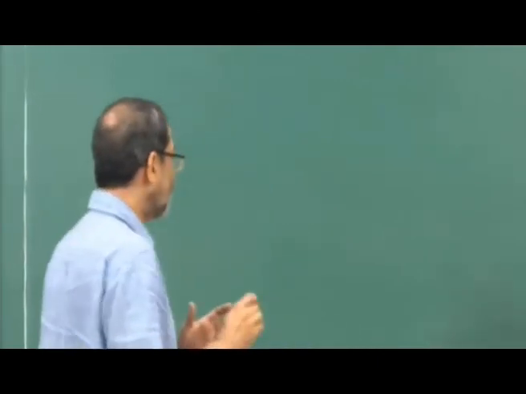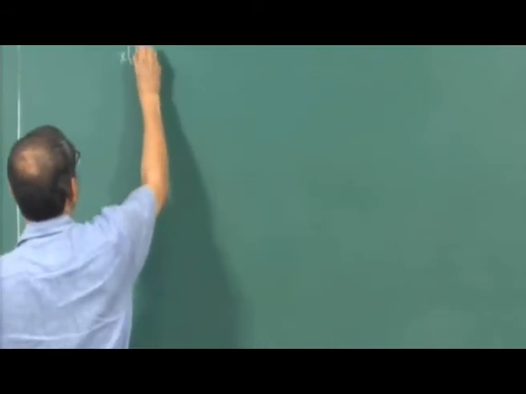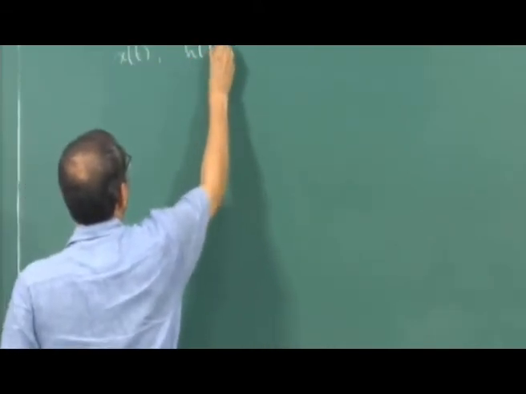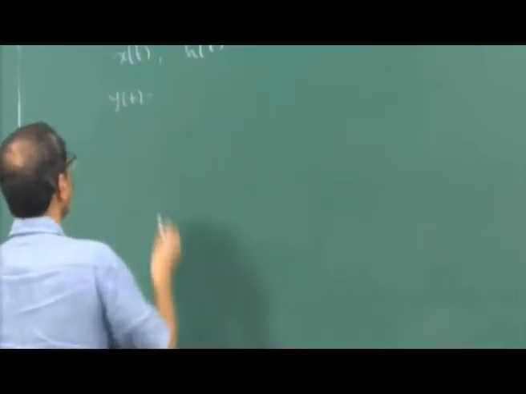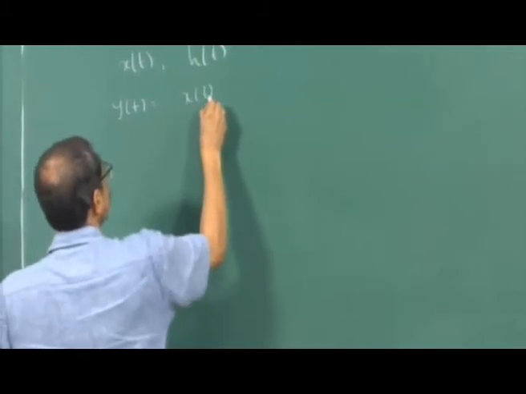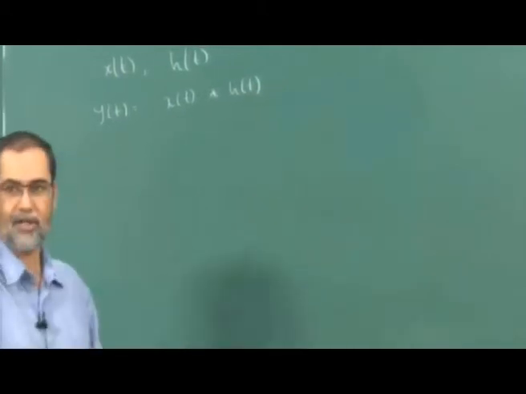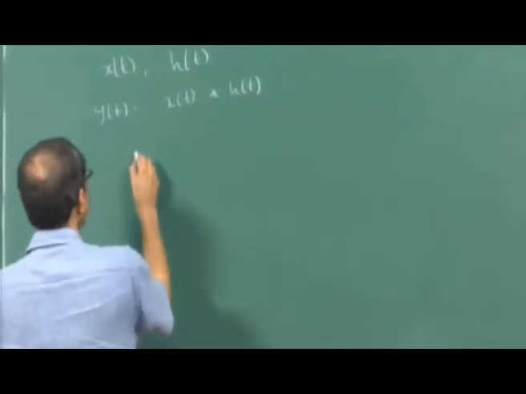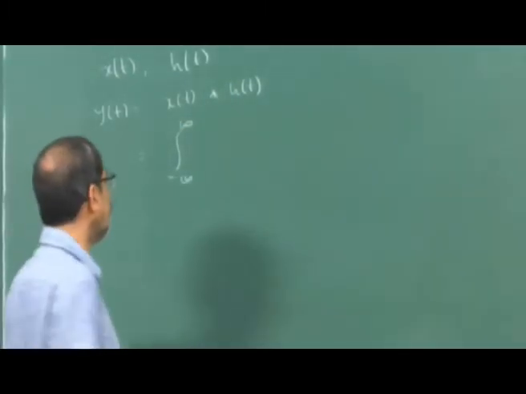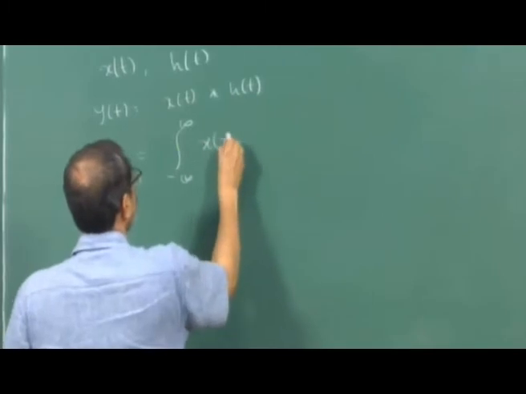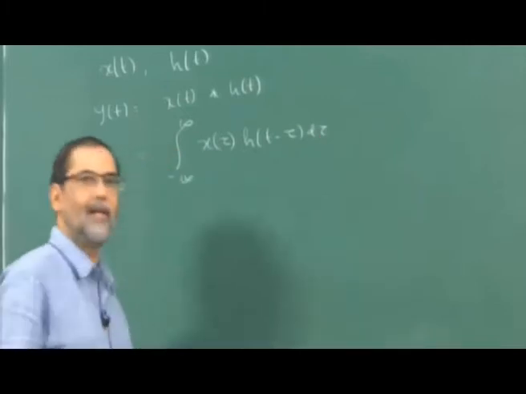We defined convolution of two functions or two signals x and h, as if the resulting function is y, then the symbol used is x star h, just like you have multiplication and addition, and this star means an improper integral from minus to plus infinity x of tau h of t minus tau d tau. So here the running variable is tau.